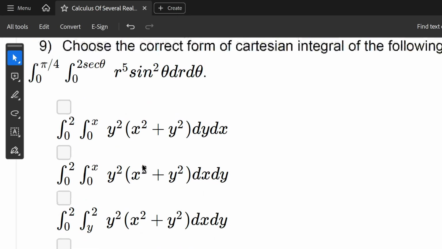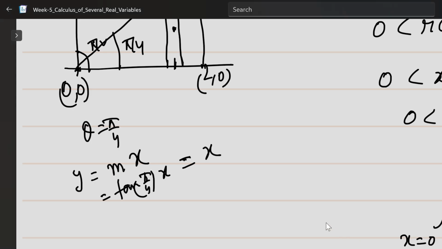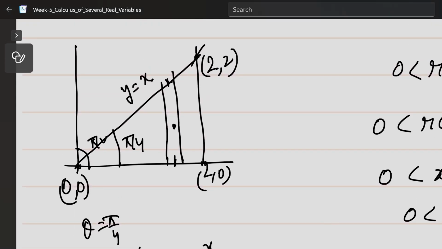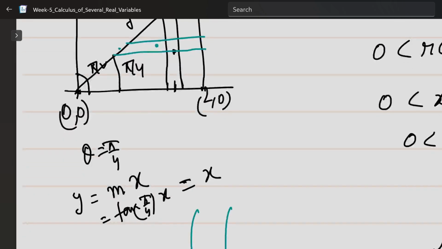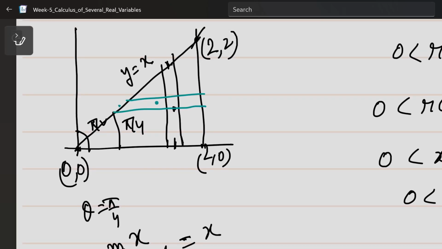Yes. And if you want to change the order of integration, then another answer may come. So let me change here. We have to take a horizontal strip.